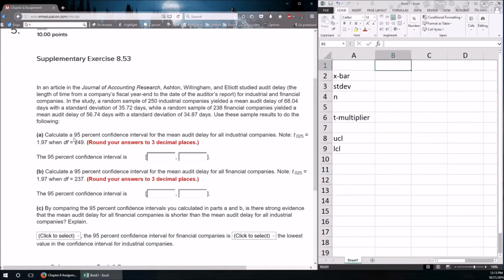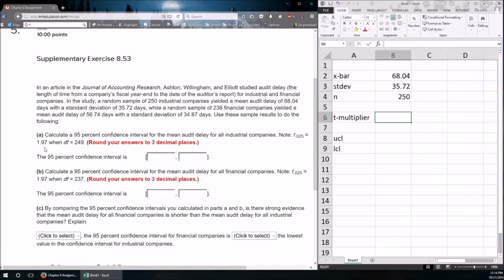Okay, so let's read through here. Mean audit delay. Study random sample of 250 yields mean audit delay. So 250 is our sample size. The mean is 68.04, standard deviation of 35.72.